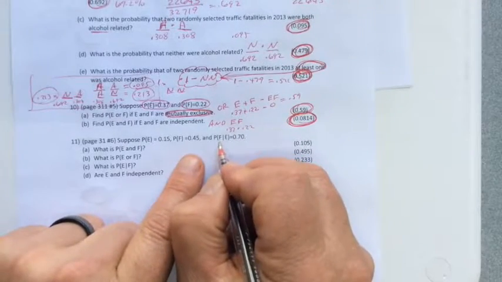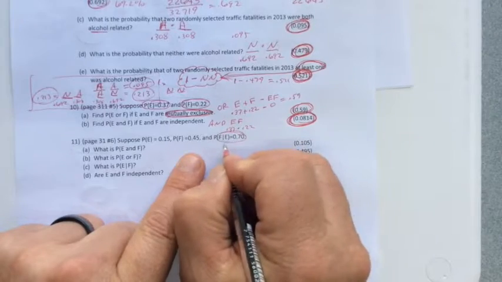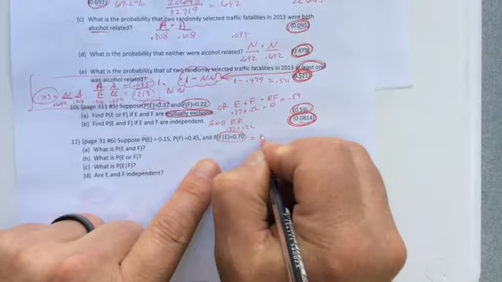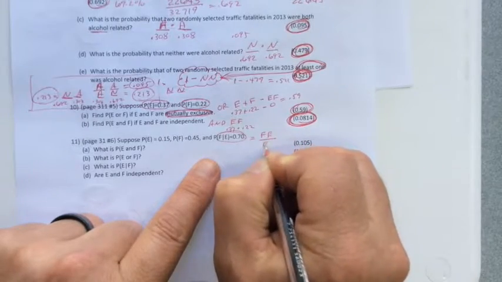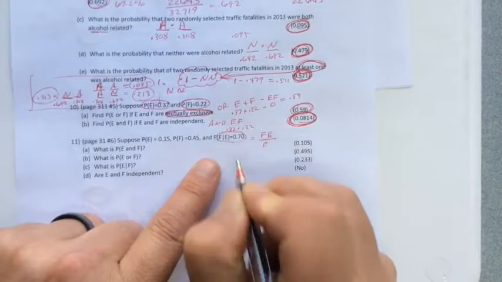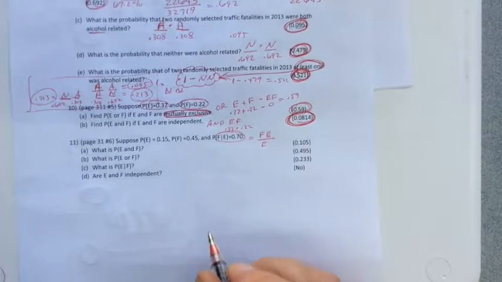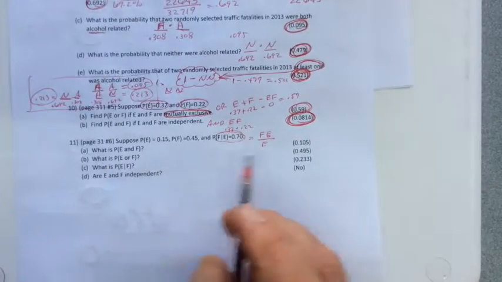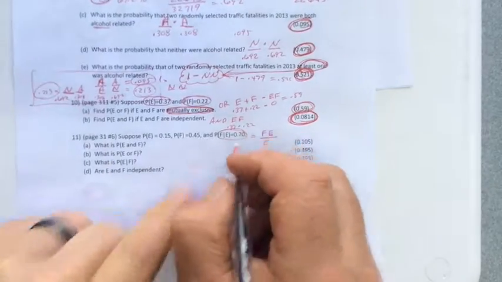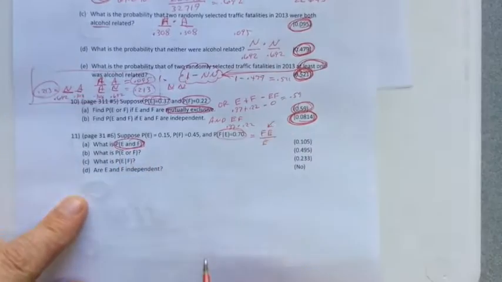Let's remember this thing. That formula is F and E divided by E. It's the and of those divided by just the E. So let's put some of this together here, because the very first thing they want to know is the and, which is that.